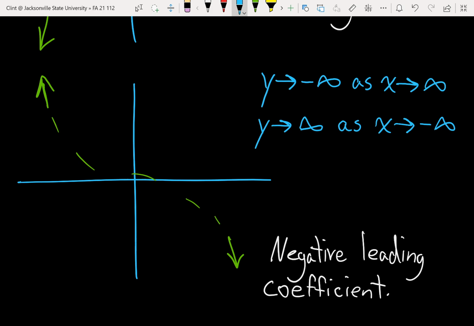If you're looking at the negative signs, right, they're flip-flopped. So with that information, that's all the new stuff.